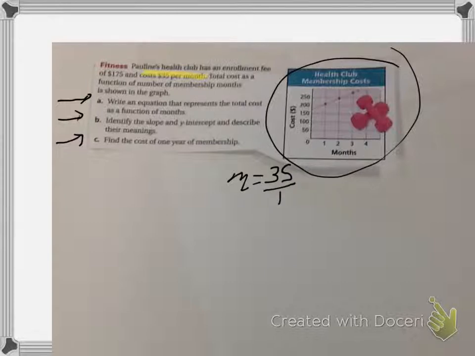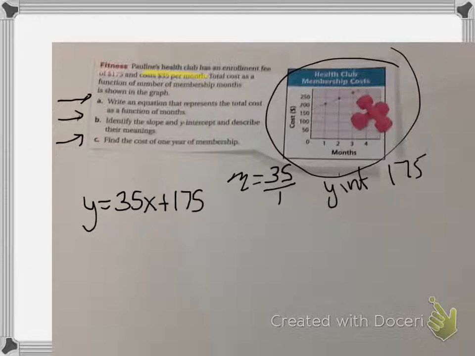And then the y-intercept is always where it starts, like if there's an enrollment fee or a flat fee, like if you're hiring a plumber and there's a flat fee of $50 and then $25 an hour. That will be where it starts, your y-intercept. Here it's 175. So if I'm going to write an equation, I have y equals 35x plus 175.